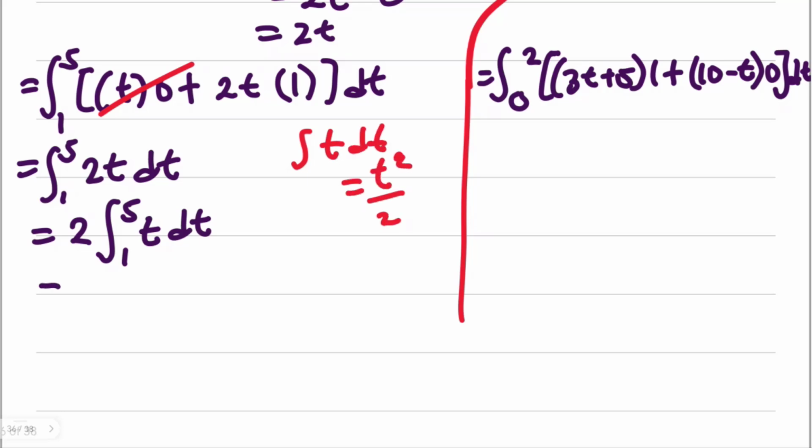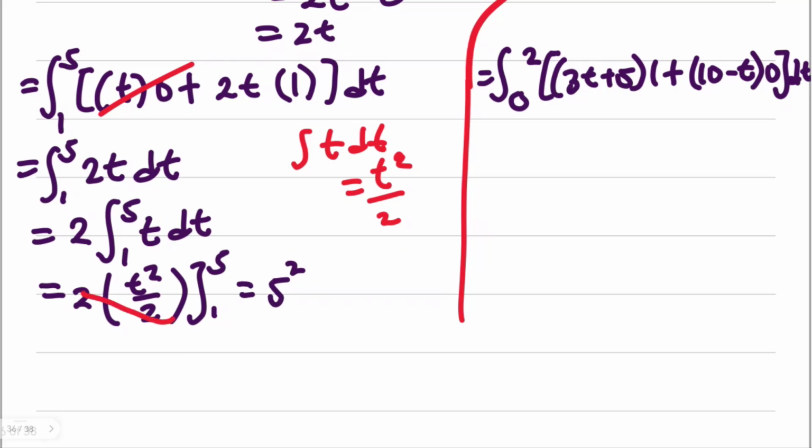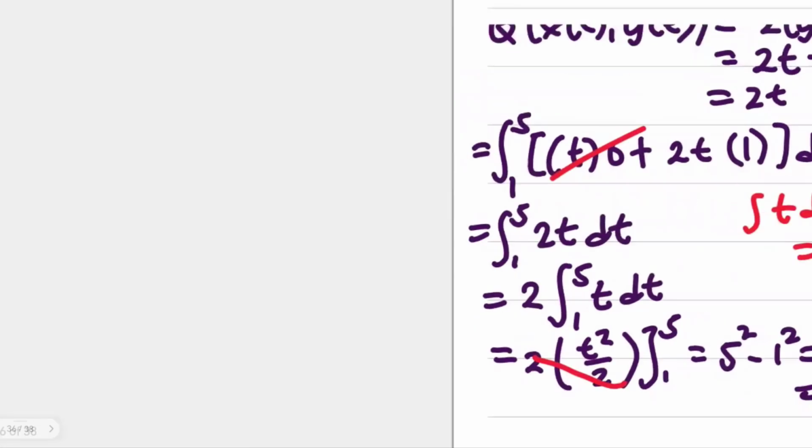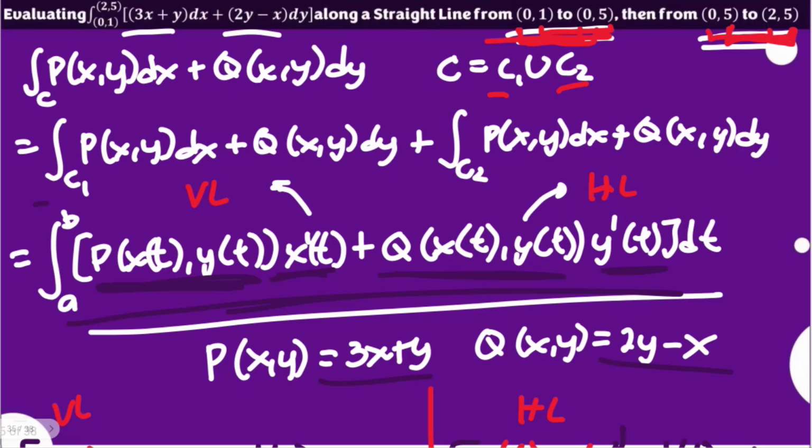So you will have here 2 times t squared over 2 from 1 to 5. We can cancel this now, thereby making here 5 squared minus 1 squared, which gives us 25 minus 1. The answer is 24. This is the integral only for the first component of your piecewise function.